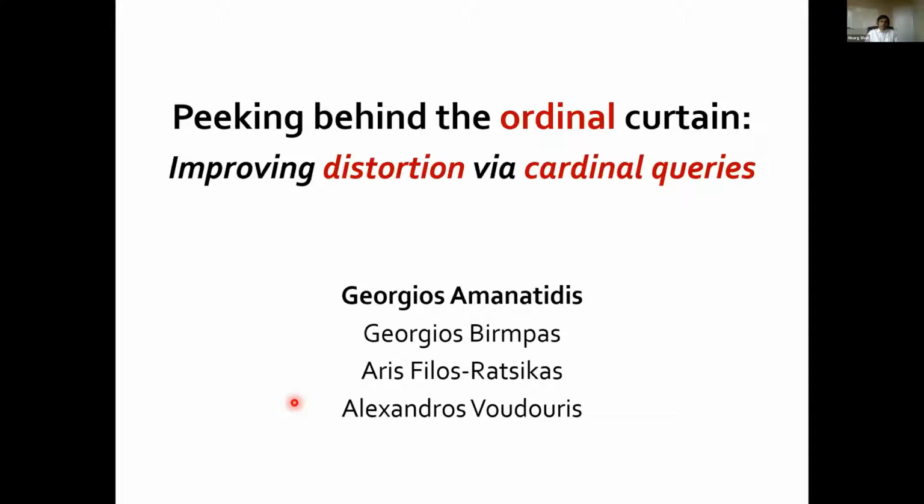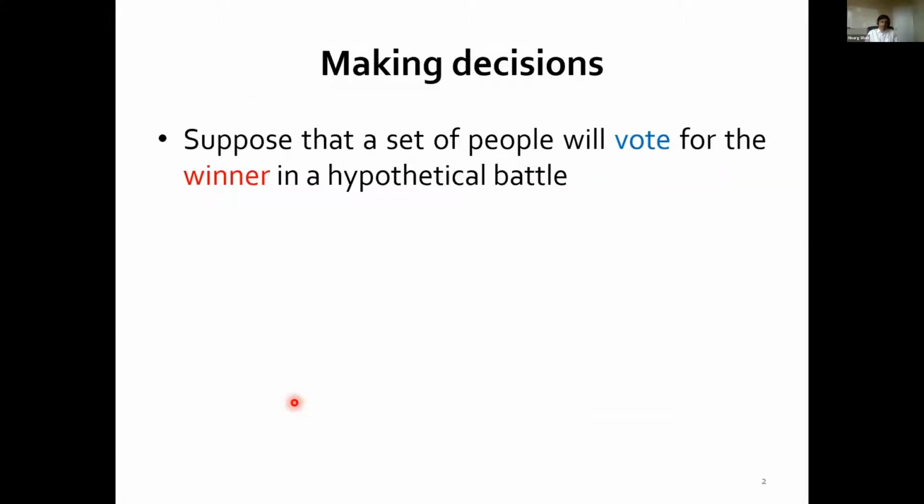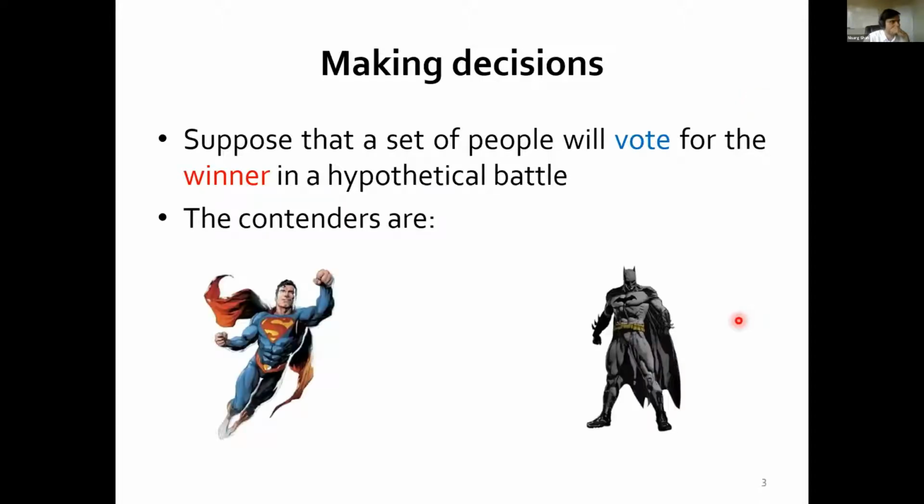So, not surprisingly, this is about distortion. After nine great talks on the subject, any motivational example is kind of redundant, but let me give a very short one. Let's say we want to ask people to vote about the winner of a hypothetical battle between Superman and Batman.